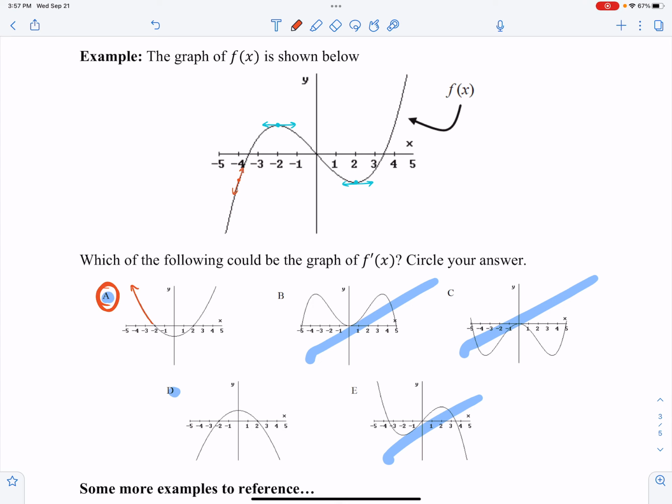And then between -2 and 2, negative sloping tangent lines, and we can see the graph would be negative on the graph of A. And then positive sloping tangent lines again means the graph switches back to being above the x-axis. Okay, so A would be the best graph of f prime, given this graph of f of x.